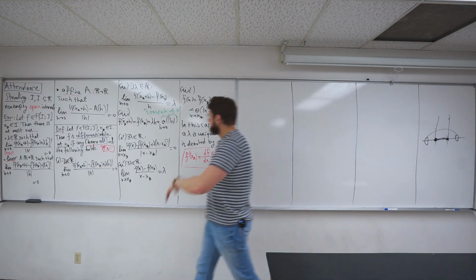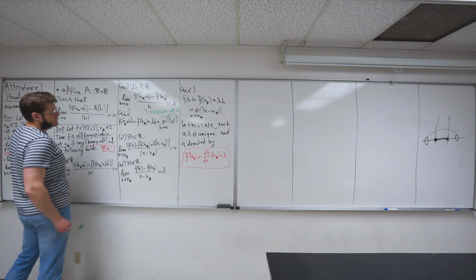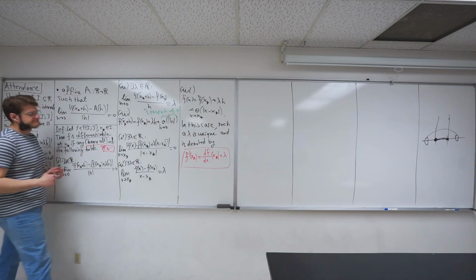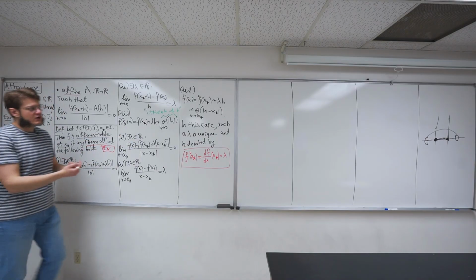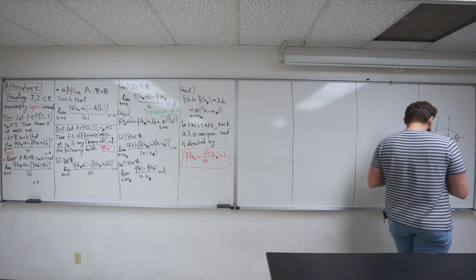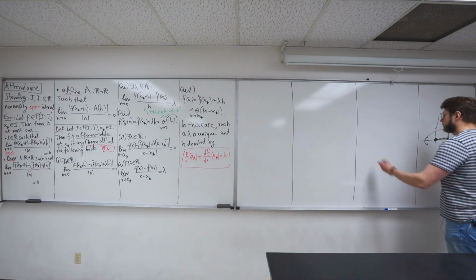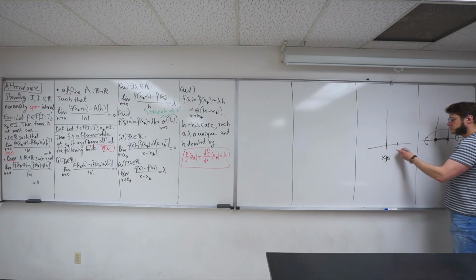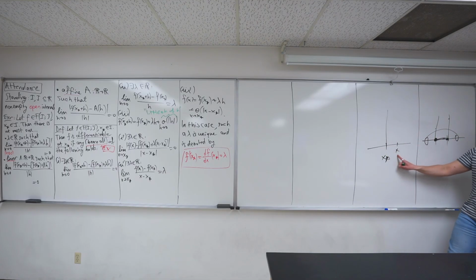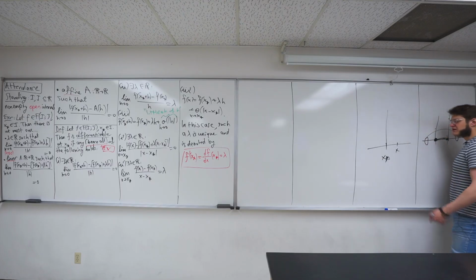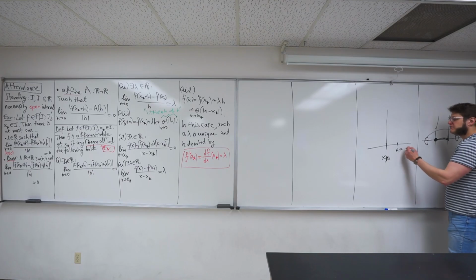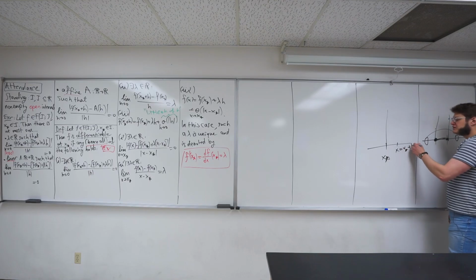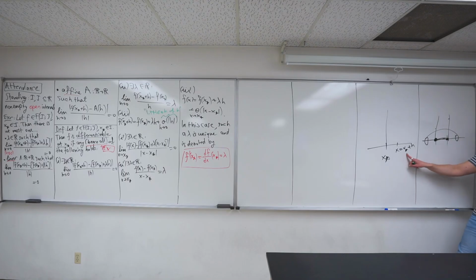So I personally like this 1, 2, 3. I like to imagine f of x star plus h. In other words, if I'm looking at differentiability at x star, obviously I'm going to take a nearby point. But instead of thinking of this nearby point as something not quite related to x star algebraically, I find it a lot more convenient to think of x as x star plus h for some small h.